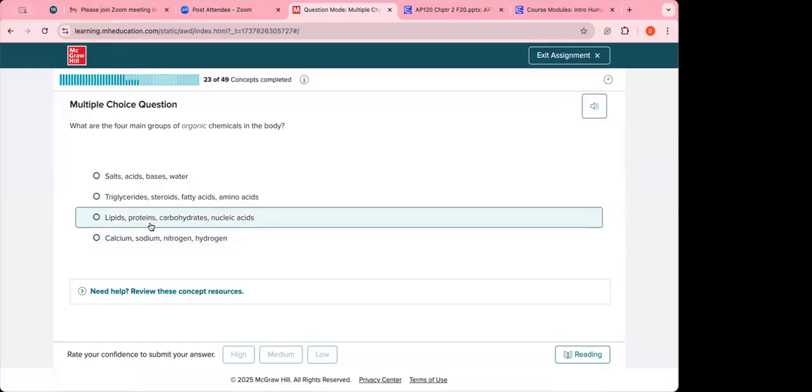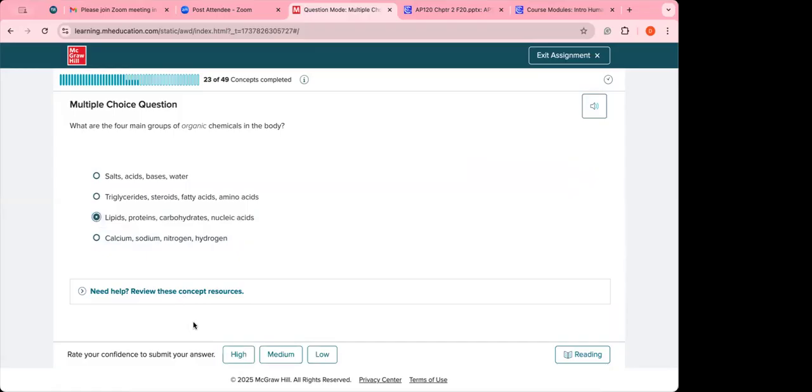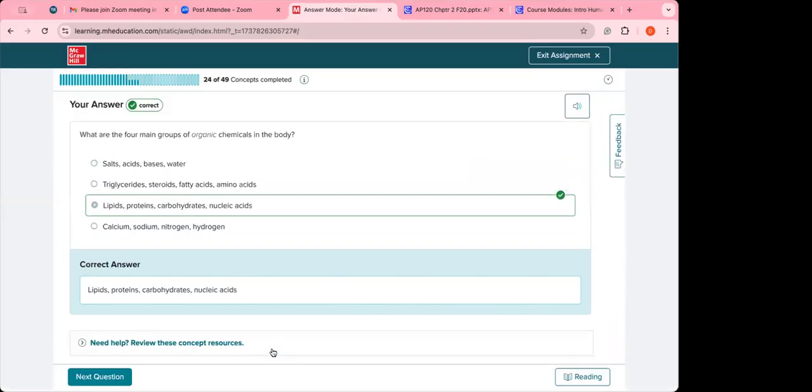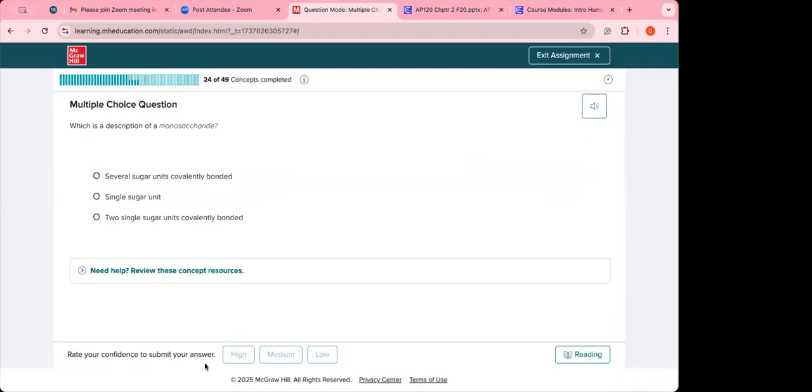Lipids, yes, I believe so. Good. Nice. Okay, next question.